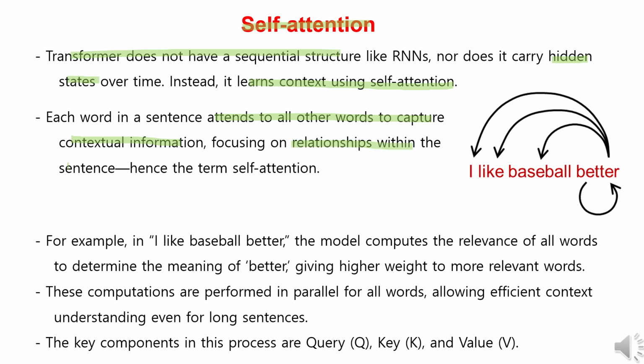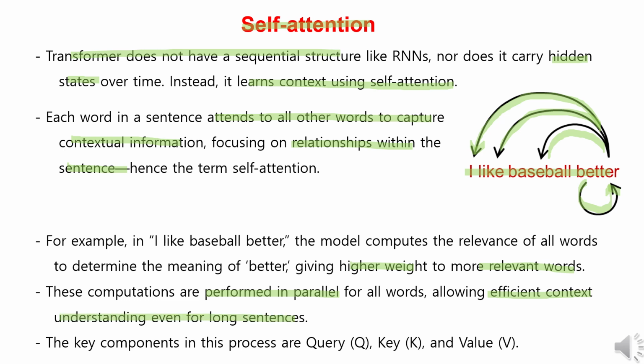For example, in the sentence, "I like baseball better," the word better computes its relevance to every word in the sentence, including itself, and assigns higher weights to the more important ones. Because this computation is performed in parallel for all words, the model can efficiently capture context even in long sentences.